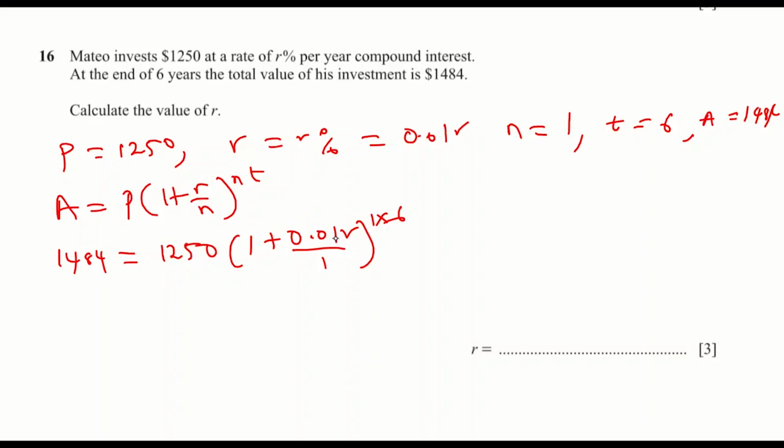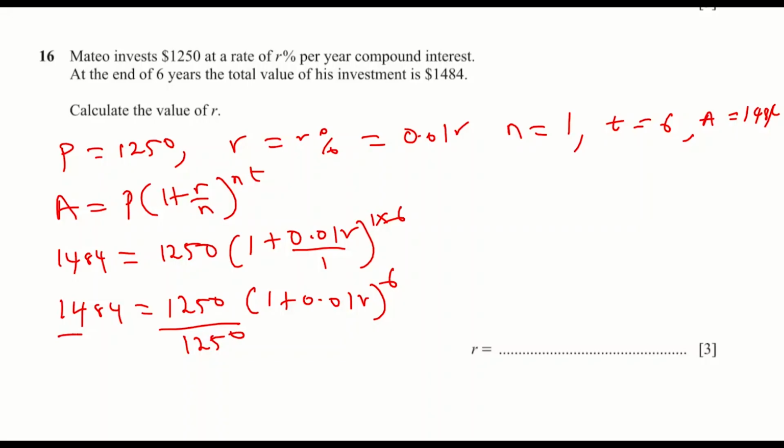Let's simplify this. This gives 1484 equals 1,250 into 1 plus 0.01 R to the power of 6. So I can divide both sides by 1250.